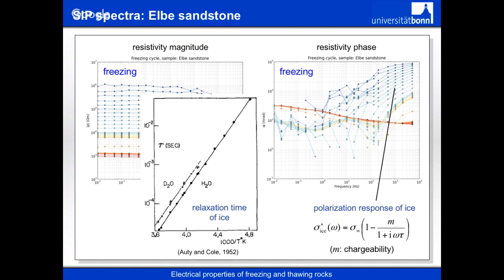I just realized, okay, that's probably ice, and in order to find a Cole model that would reproduce those responses, the chargeabilities were huge, like 0.9, 0.95 or something. Does that fit with any of the stuff that you're doing?